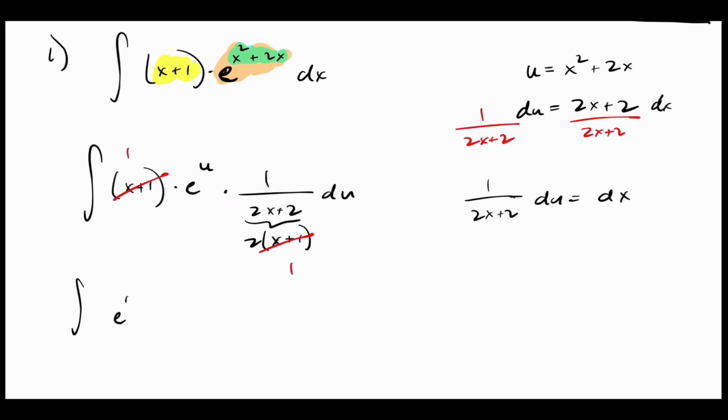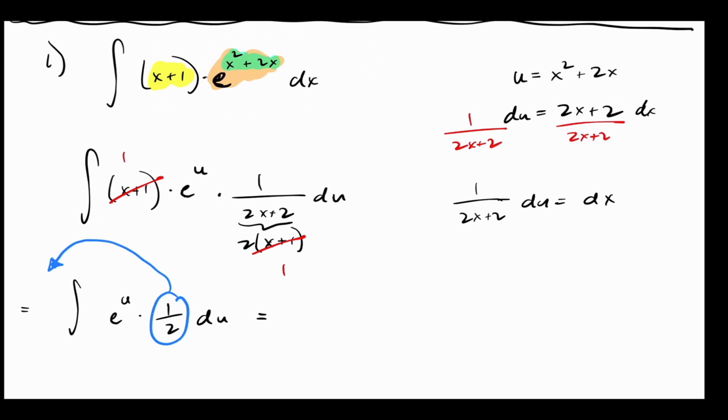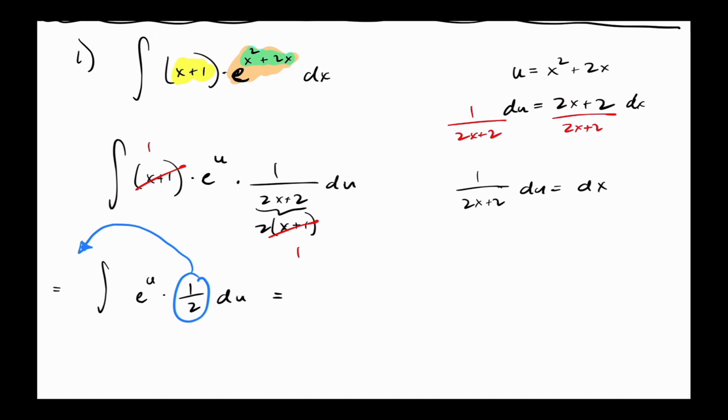And I get e to the u times 1/2 du. Move 1/2 to the front. What's the antiderivative of e to the u?